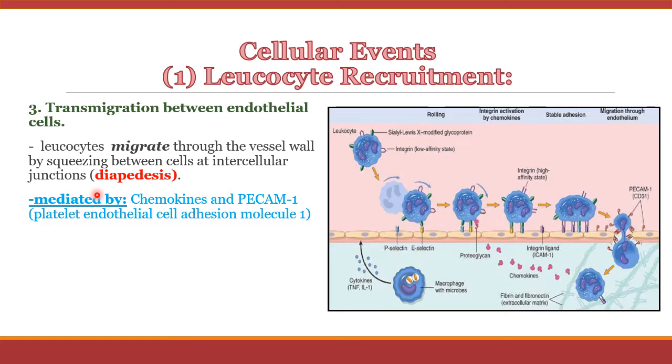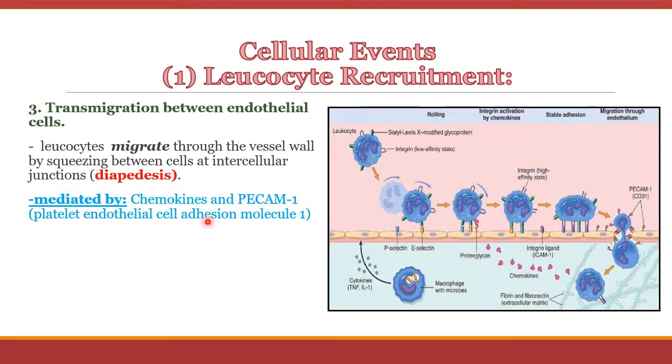The complete name for this factor is platelet endothelial cell adhesion molecule, so the initials of all of these words make PECAM-1. So this PECAM-1 and other chemokines are going to facilitate this step of diapedesis.